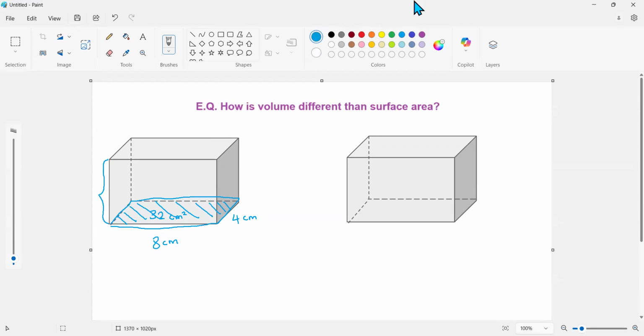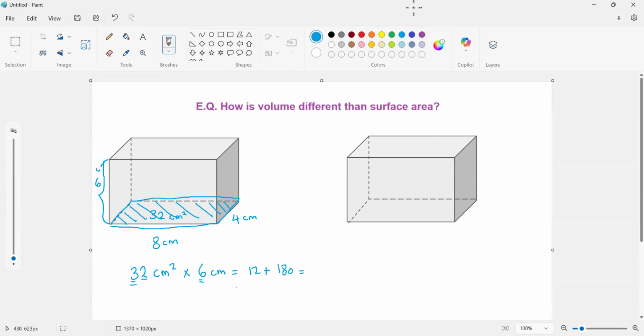If this solid form has a height of 6 centimeters, that means we have to take 32 centimeters squared and times it by 6 centimeters. I know that 6 times 2 is 12, plus 6 times 30, that's 180.